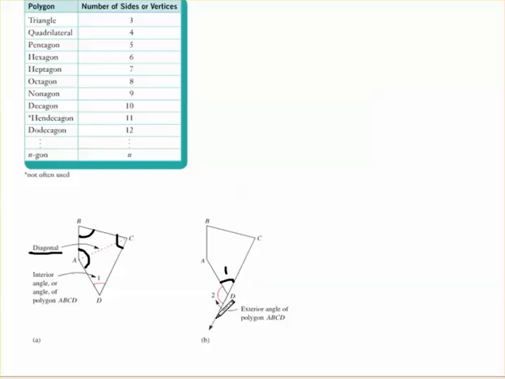If we were to extend the side of the polygon out and look at the angle that forms with the line segment of the polygon, that would be considered an exterior angle of the polygon. So those are pretty important terms to understand and to know.